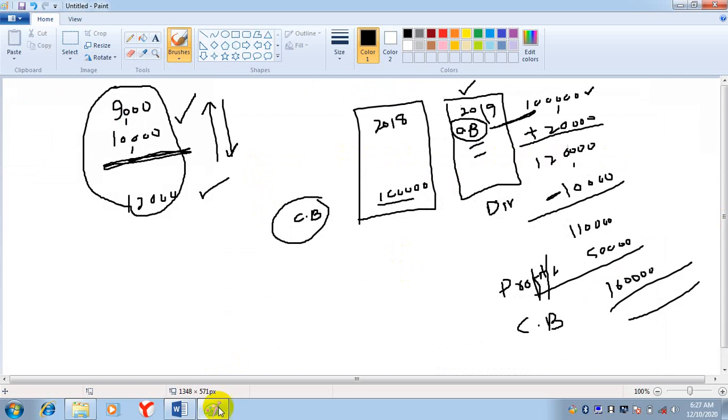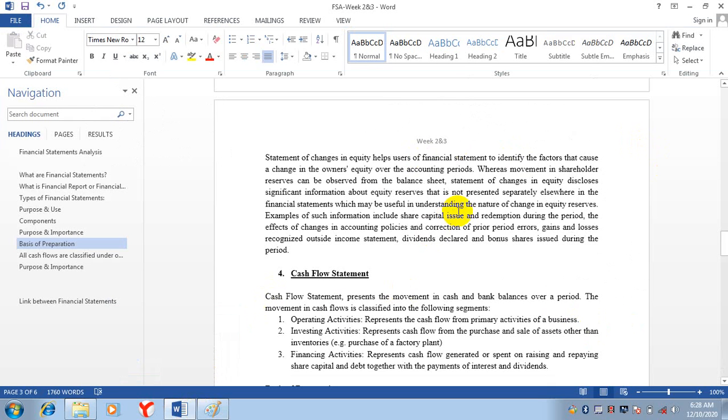This statement of owner's equity will tell us in detail about each and every item affecting the equity, that due to which things there is an increase in owner's equity and due to which things there was a decrease in owner's equity. Whereas movement in shareholders' reserves can be observed from the balance sheet.